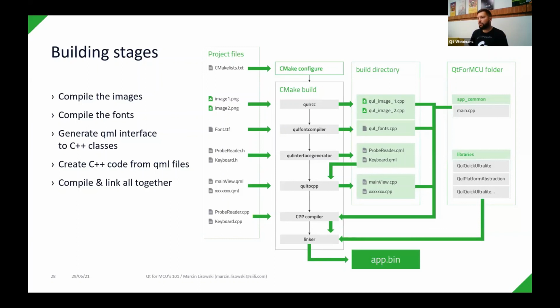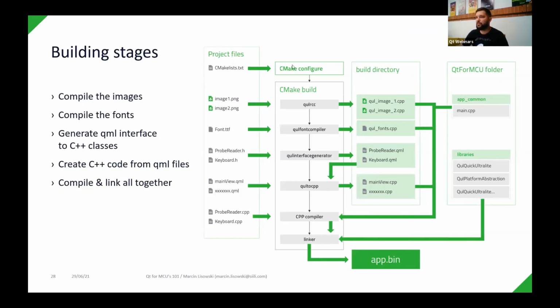And finally, all of those auto-generated C++ files, so the bitmaps with the arrays of bytes for the images, for the fonts, and the C++ files after QML conversion, together with your C++ files, are compiled and linked to the final binary. So this is how Qt for MCUs prepares and then compiles all of the things for the host.